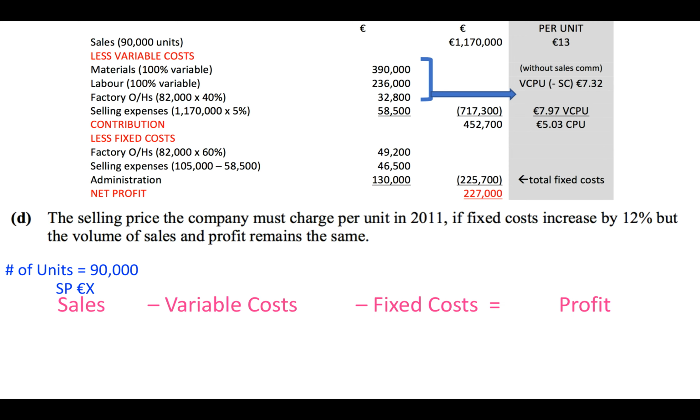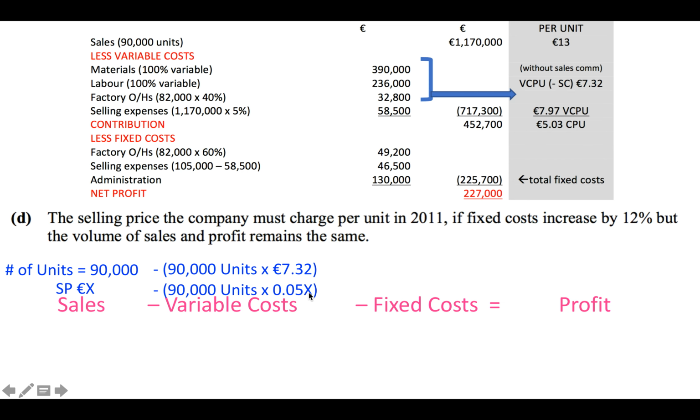So we're going to use this variable cost per unit without my selling price. So minus the 90,000 units by €7.32, and then minus 90,000 units by 0.05, so that's a decimal for your 5%.